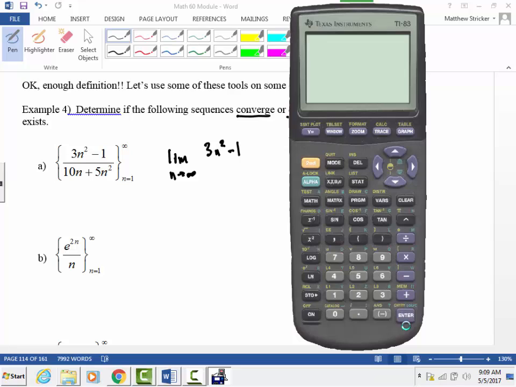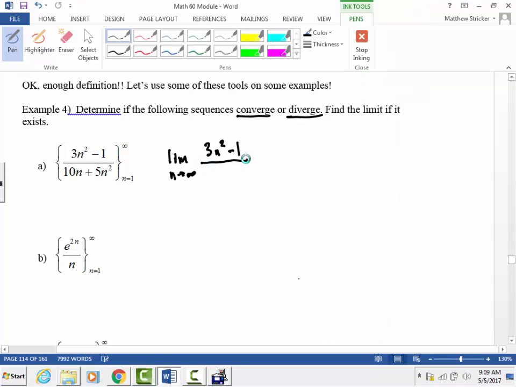Take the limit of (3n squared minus 1) over (10n plus 5n squared). And how am I going to evaluate this limit? Yeah, Elijah. Divide by the highest power of n, on the denominator. So only in the denominator.